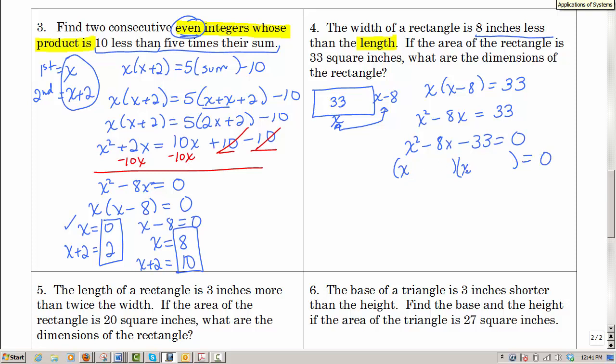So again, leading coefficient of 1, what multiplies to get negative 33 and adds to get negative 8. Negative 11 and a positive 3. Setting both equal to 0.